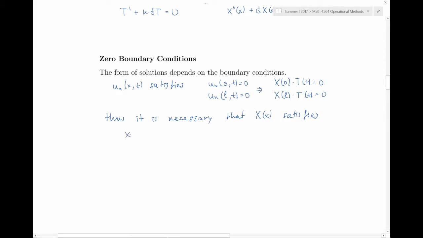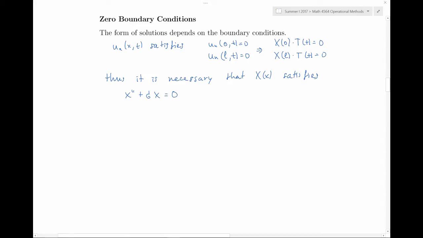Therefore, we have a differential equation for X function. And X should satisfy the boundary conditions X of 0 equals 0 and X at L equals 0.